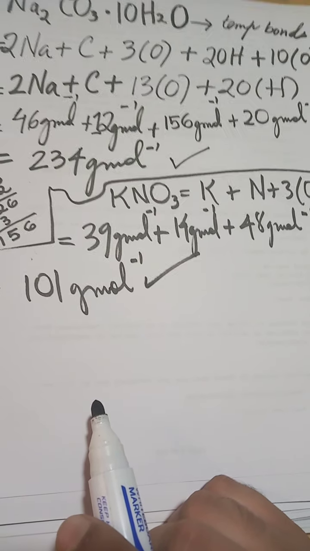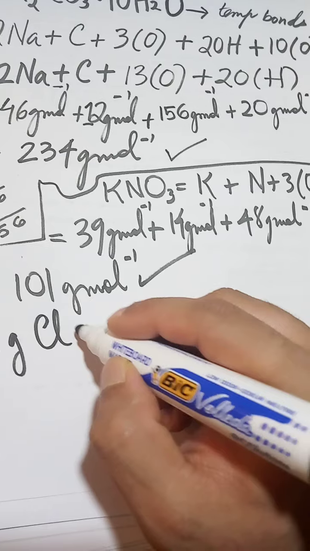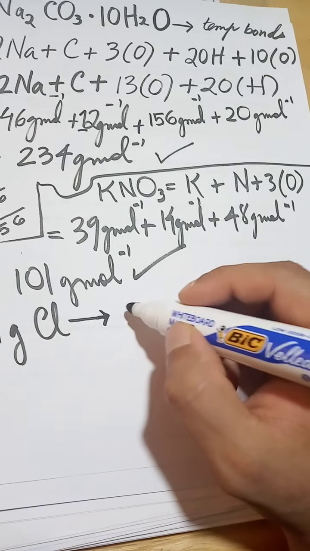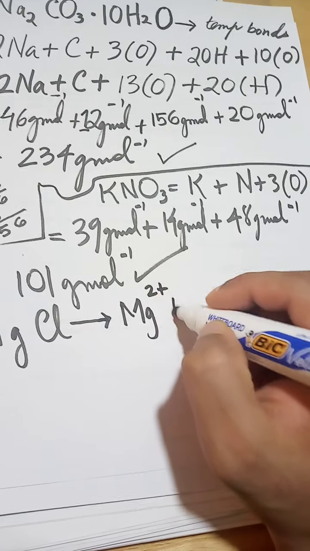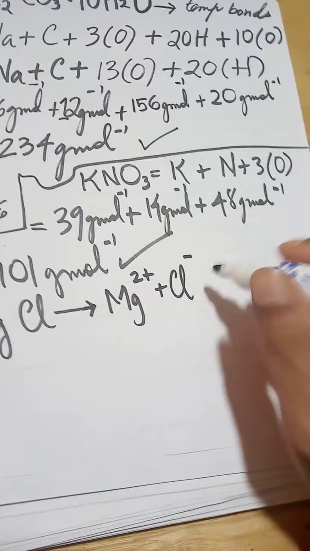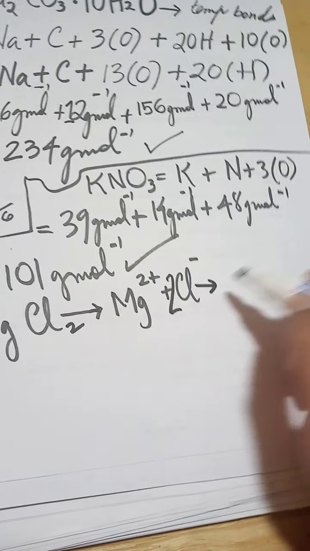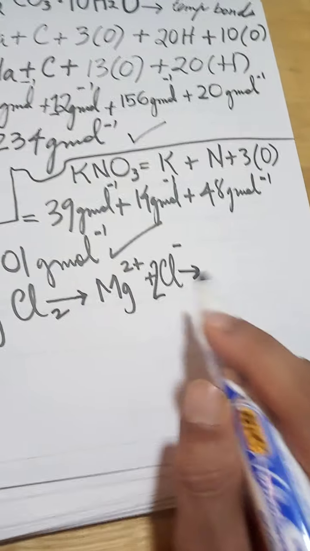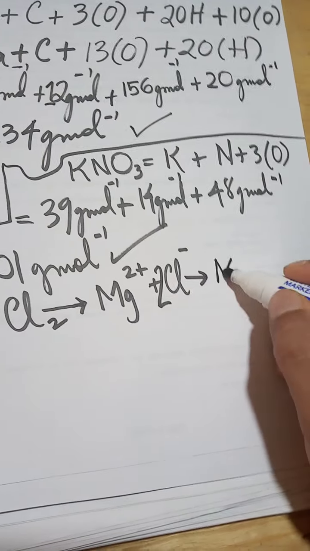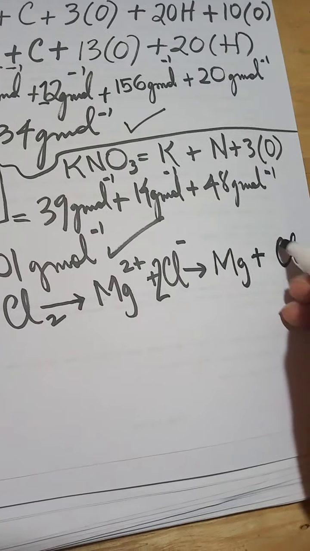The next one is magnesium chloride. And that's 1 atom of magnesium and 2 atoms of chlorine. I've written it in an ionic fashion so that you can understand that it's just the same thing, no need to freak out.